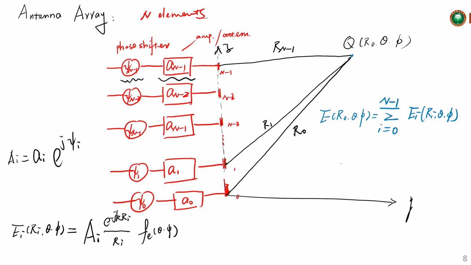So it can be expressed as sigma i equals 0 to N minus 1, and we have Ai, we have 1/Ri, e to the minus j k Ri, and also Fe of theta, phi.